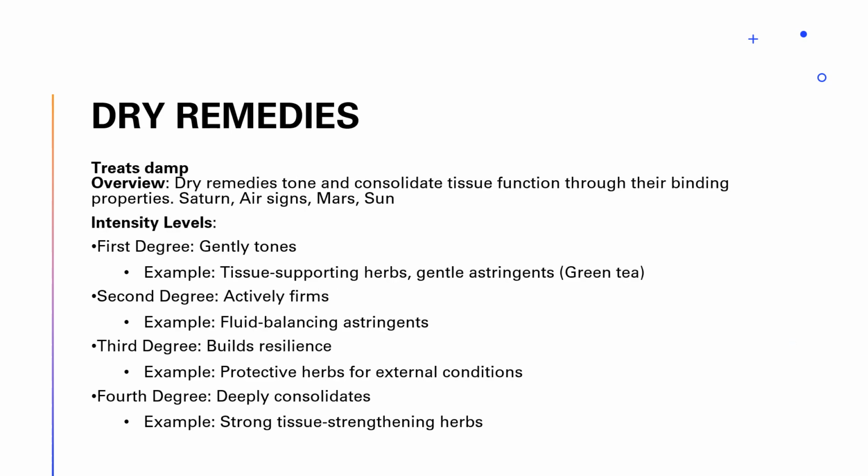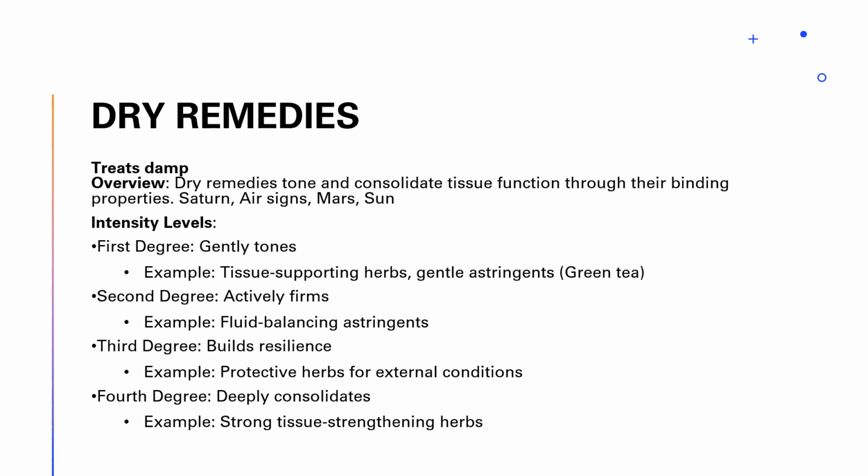Okay, my picture is not here. Don't worry about that. But dry remedies for astringing and binding. When there's a really moist, relaxed tissue state, we would bring in a dry remedy. The first degree dry remedy would gently tone, so tissue supporting herbs, gentle astringents like green tea.